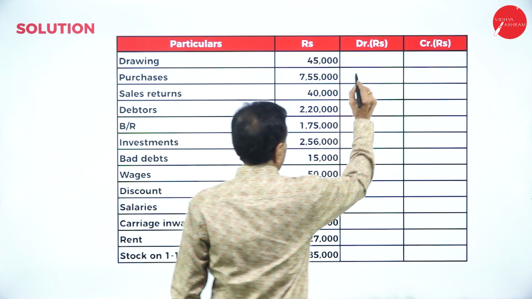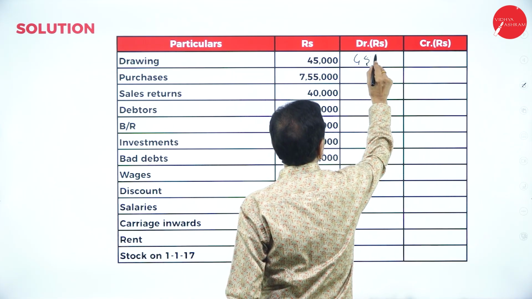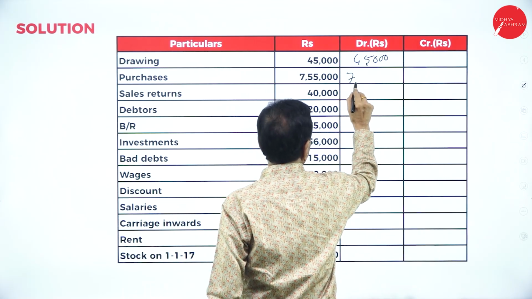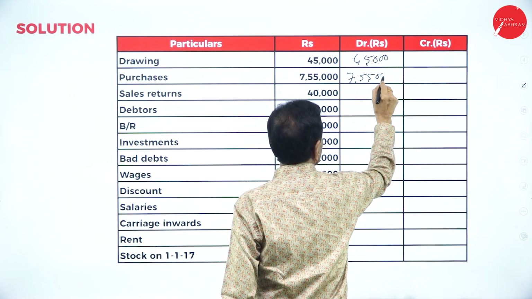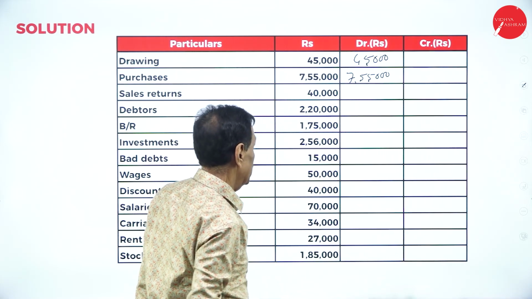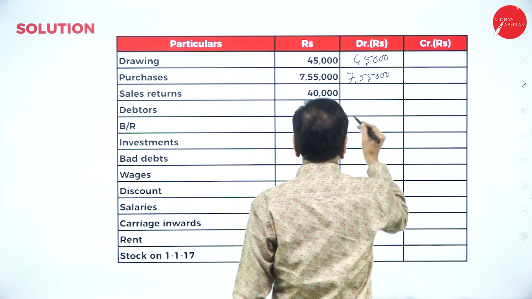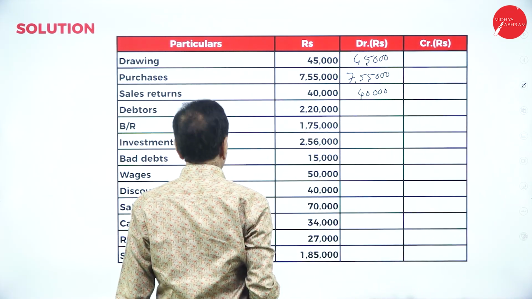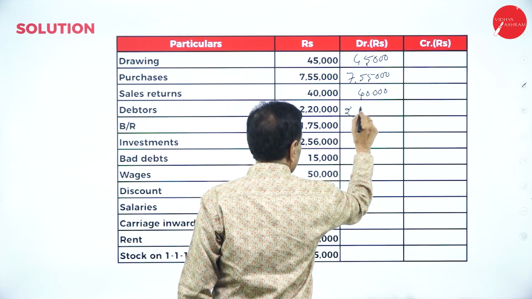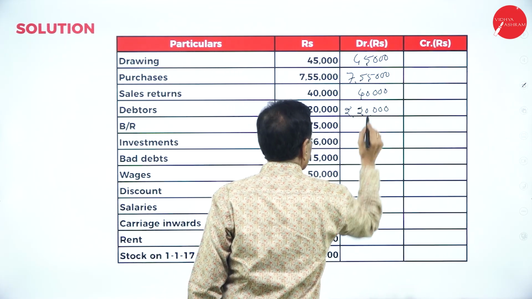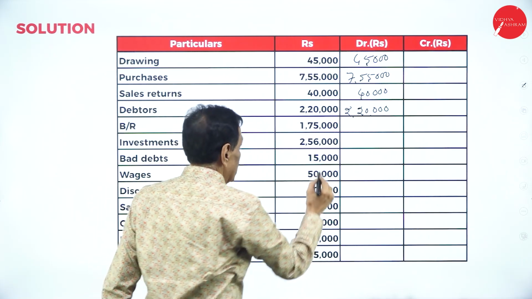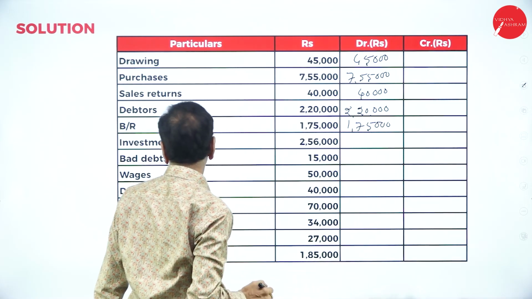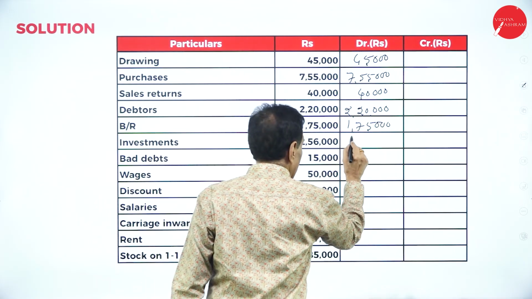Drawing, debit side. Purchases, debit side. Sales return, debit side. Debtor, debit side. Bills receivable, debit side. Investment, debit side.